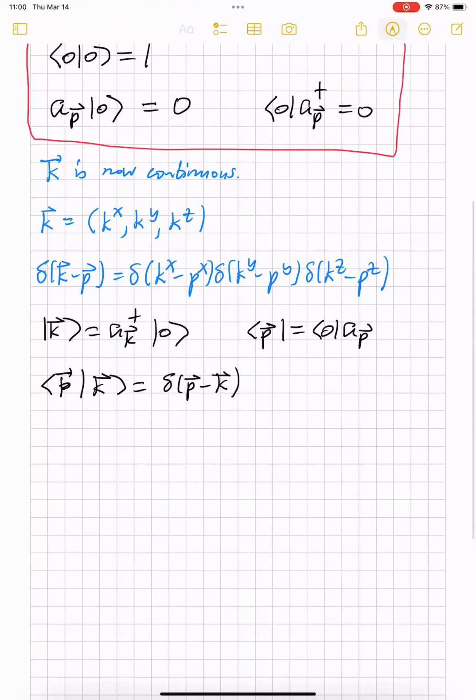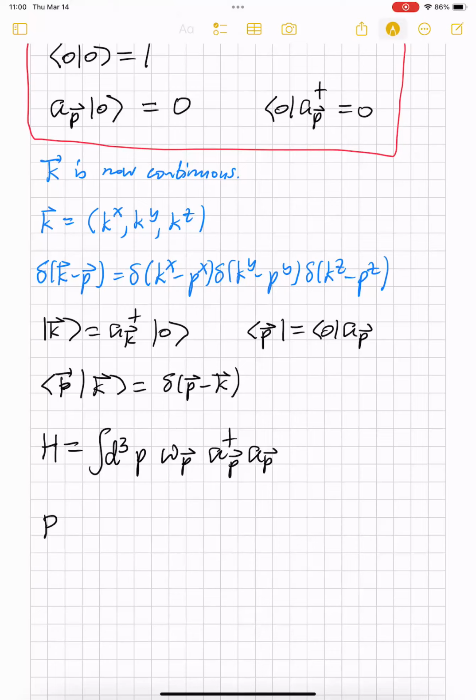The expression for the Hamiltonian also changes. You see, because k is now continuous, the sum over the discrete index must be replaced by an integral over the continuous index. So it'll be an integral d^3p, omega_p, of a_p dagger a_p. The formula for the momentum also changes, and in the same way.